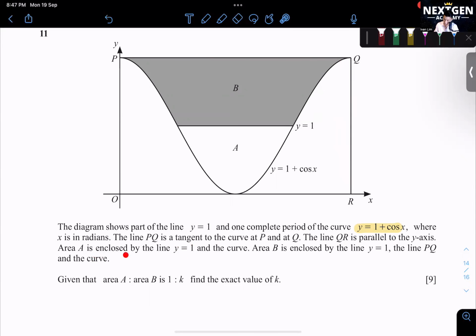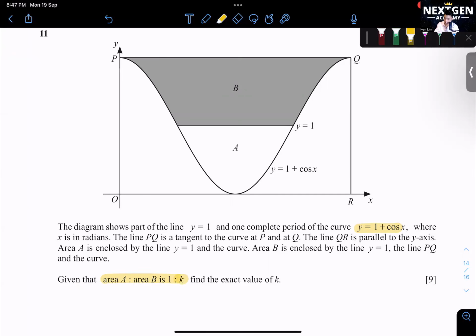Area A is enclosed by the line y equals 1 and the curve. Area B is enclosed by the line PQ, the curve and y equals 1. Given that area A to area B is 1 to k, find the exact value of k. So much information here.